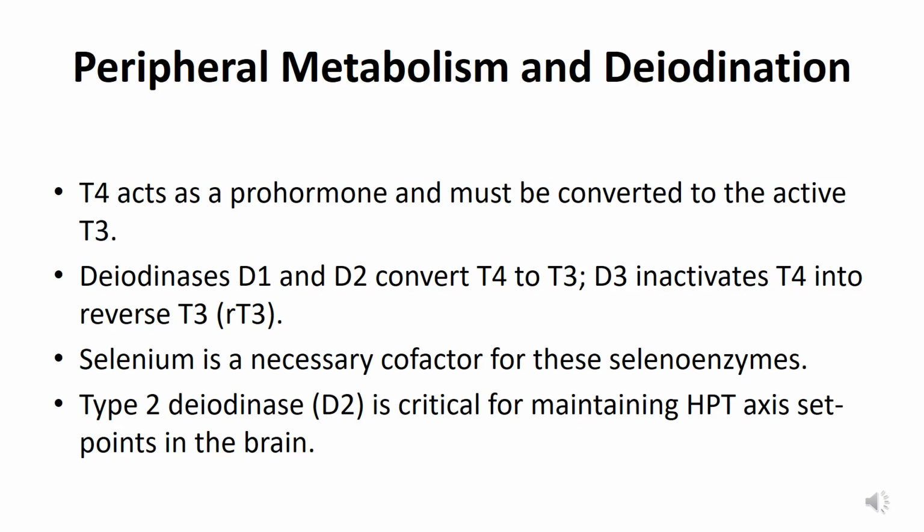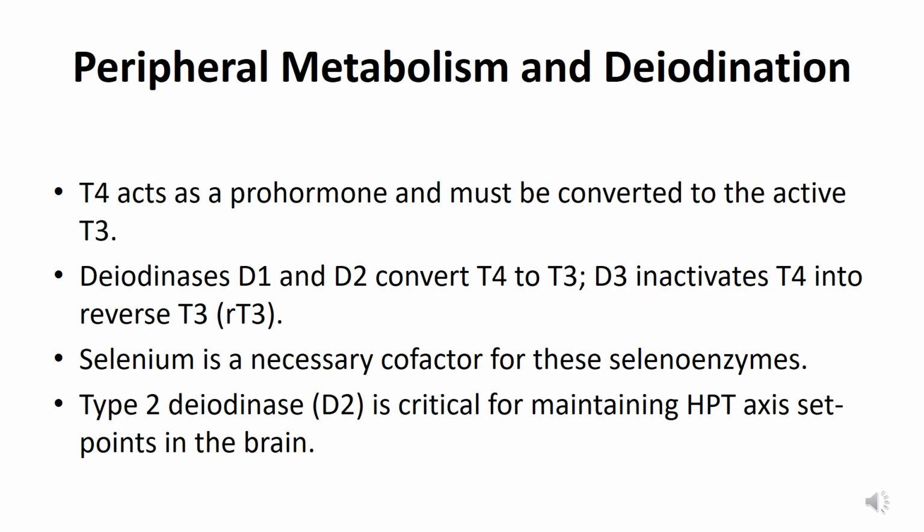That means they require selenium as an essential cofactor for proper function. Selenium is incorporated directly into the active site of these enzymes, allowing them to carry out iodine removal reactions efficiently. Without adequate selenium, thyroid hormone metabolism and conversion may become impaired.